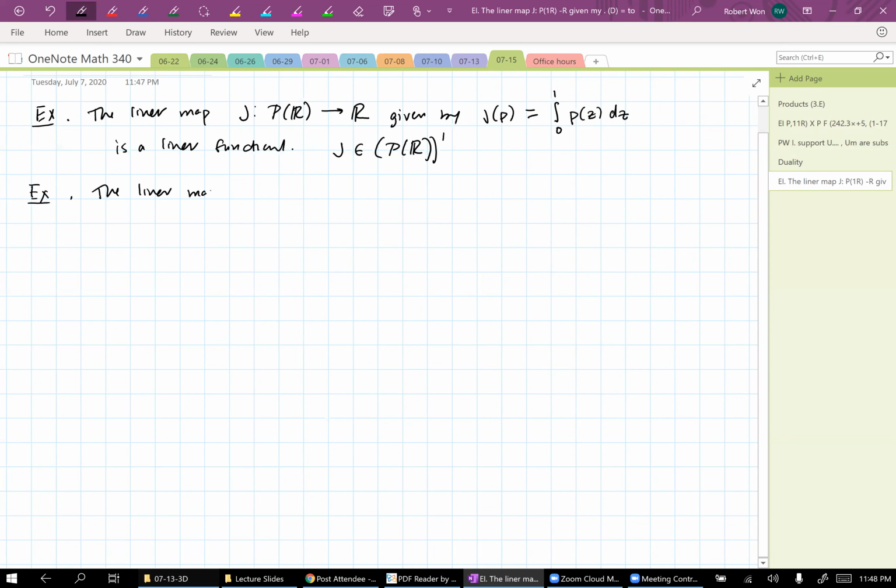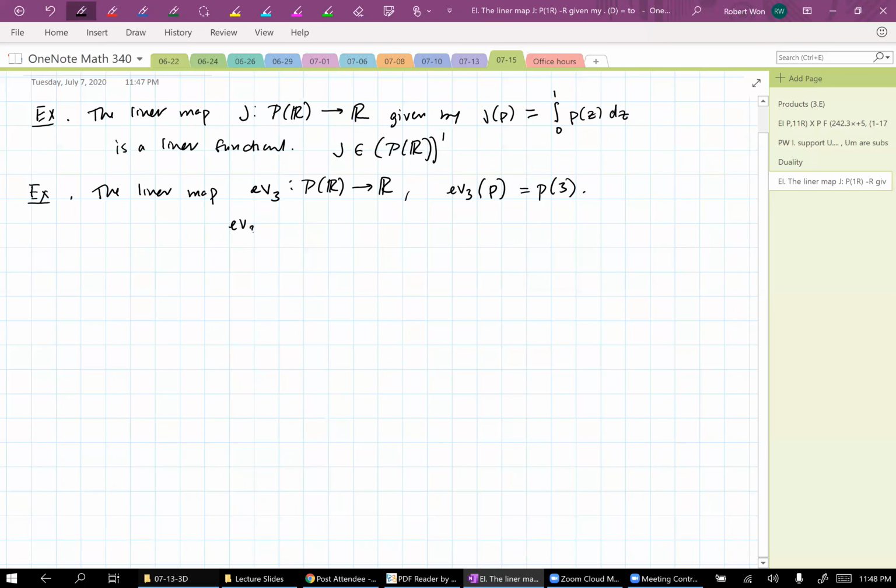Let's call this EV3 from P(R) to R, where what it does is it just evaluates every polynomial at 3. If you apply it to a polynomial, it just evaluates the polynomial at 3.